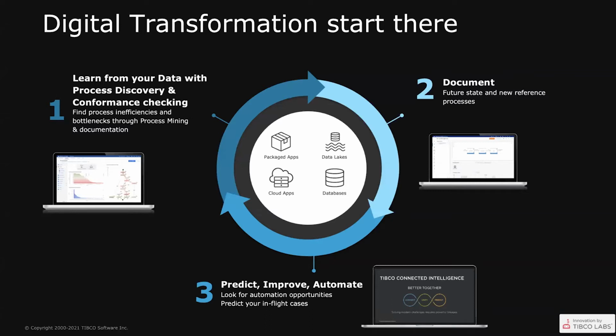As I said, it's part of a broader story. A lot of customers starting these digital transformation programs start there. They start by building an understanding of their processes using this data approach.